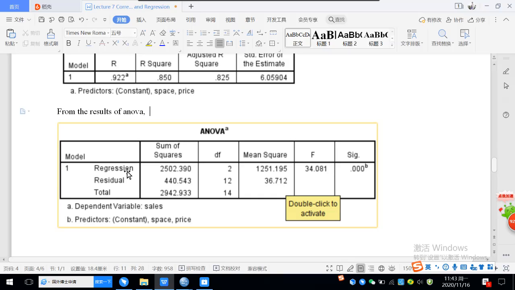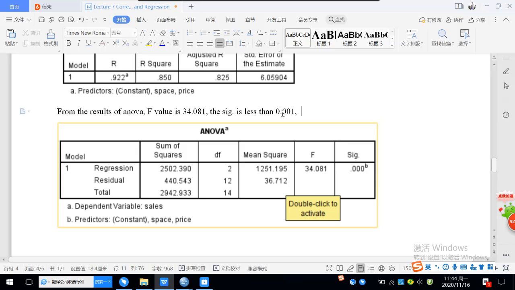Look at here, it's regression, right? The model is regression. The regression F value is 34.081. The significance is less than 0.001.